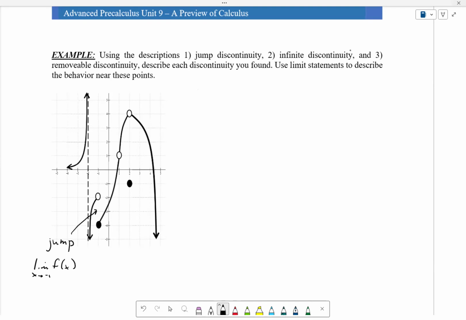Does not exist, right? It's doing this. It's a mismatch. It violates the very first rule of continuity. The first rule is the limit must exist. Okay, it fails at D and E.